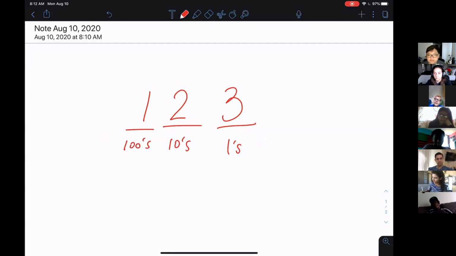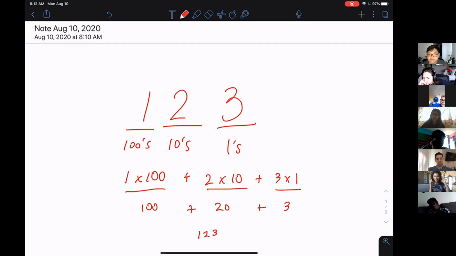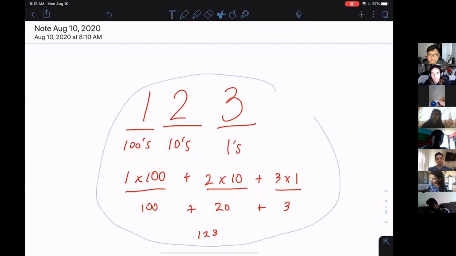We're doing 100, we're adding to it 2 tens, and then finally 3 ones. So 1 times 100 is 100, 2 times 10 is 20, 3 times 1 is 3, and adding them all together we get 123.